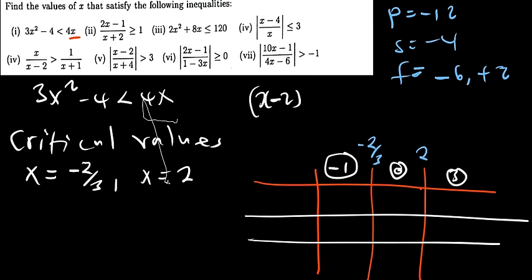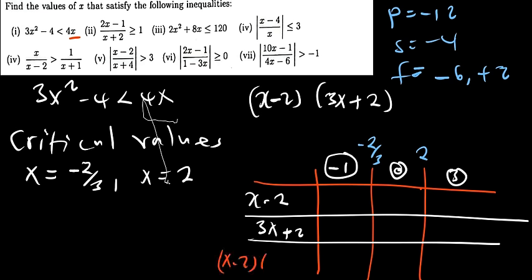We had 3x plus 2, like that. These are the things we are going to be putting here: x minus 2, 3x plus 2. Now the last box, you put both of them, x minus 2, 3x plus 2, like that.